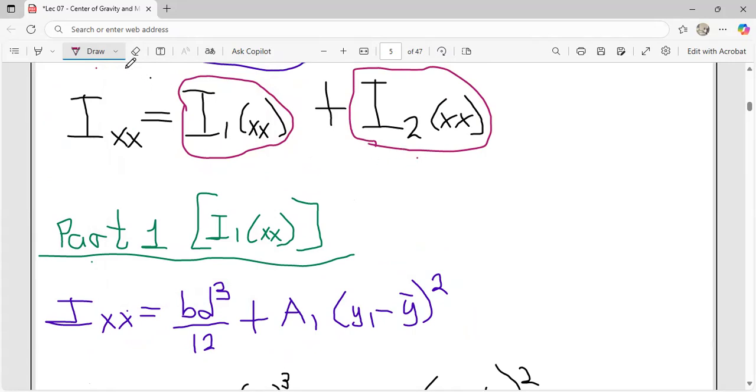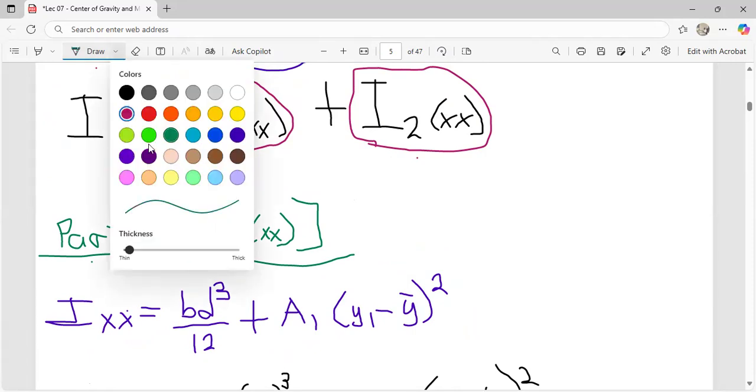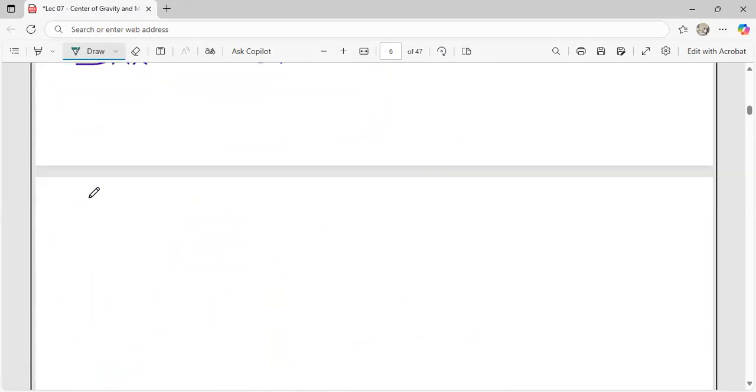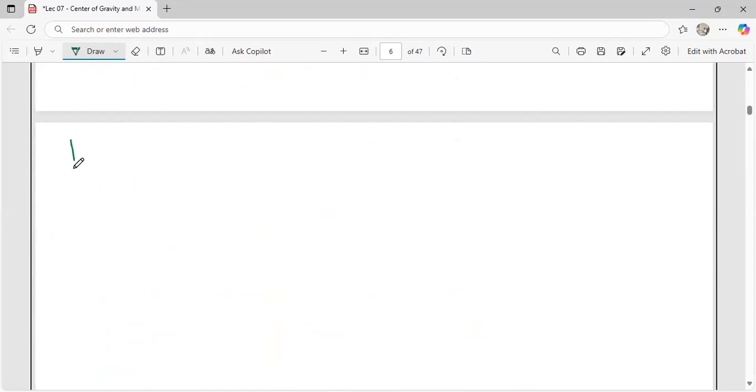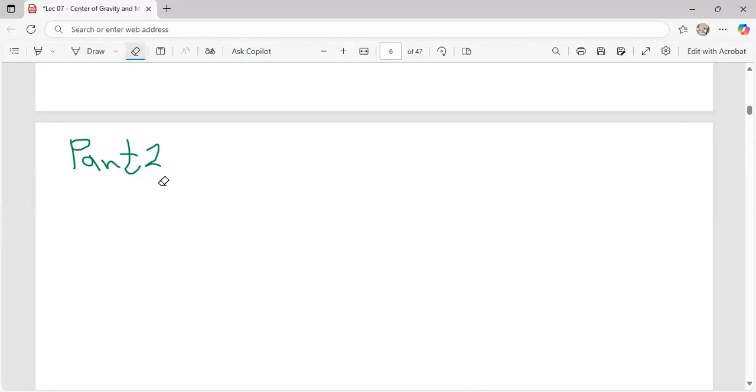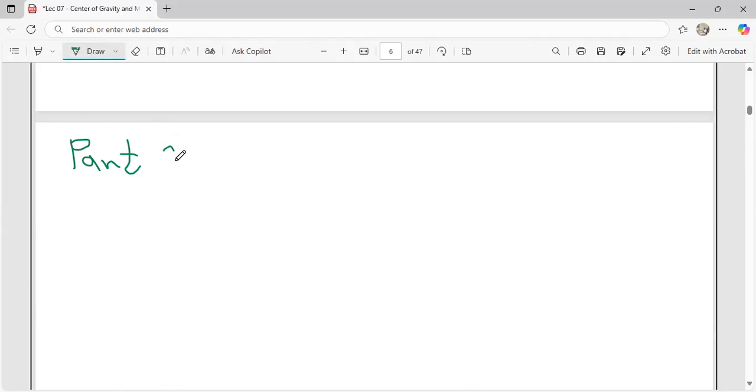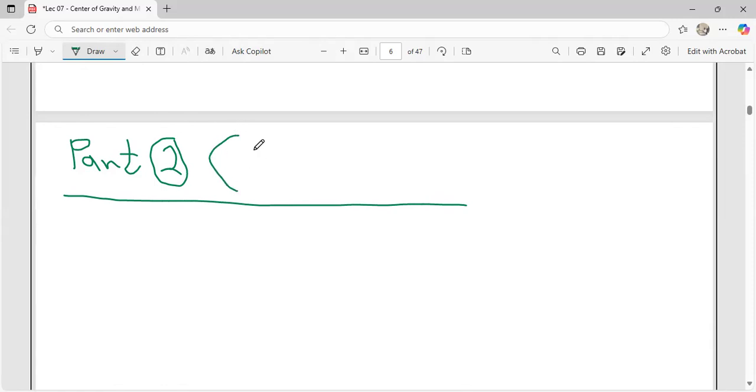In doing so, we have to do the same thing we did for part 1. So this becomes our part 2, and for part 2 we are supposed to calculate our moment of inertia about x.